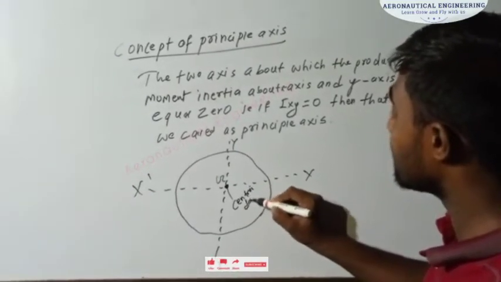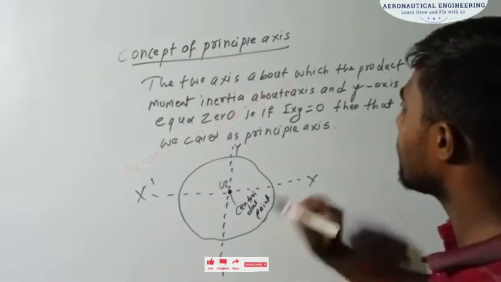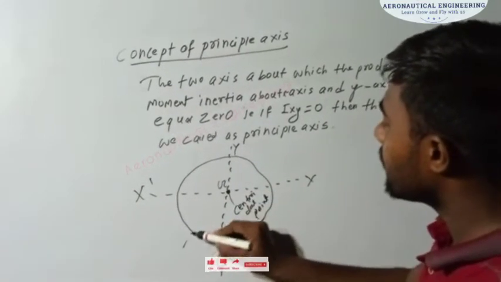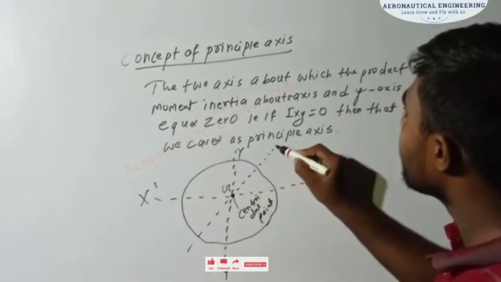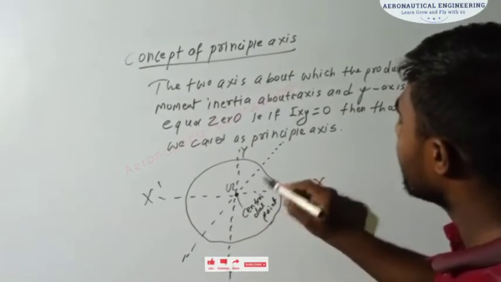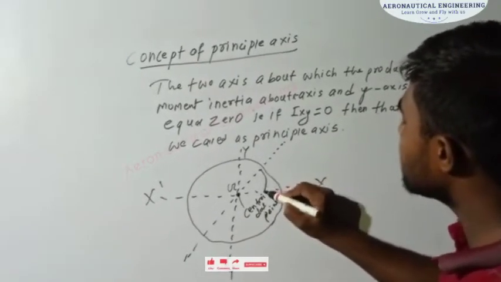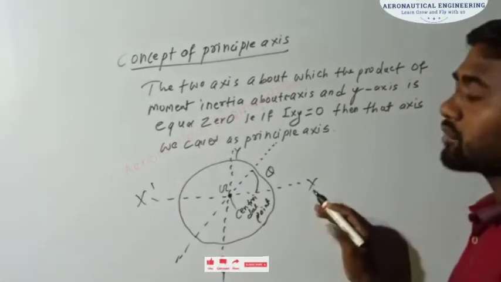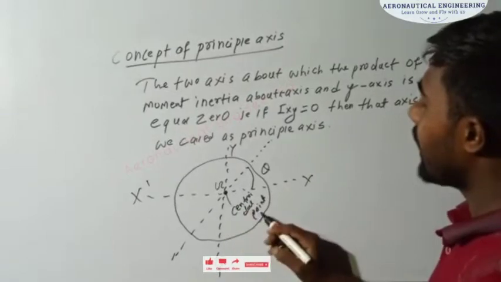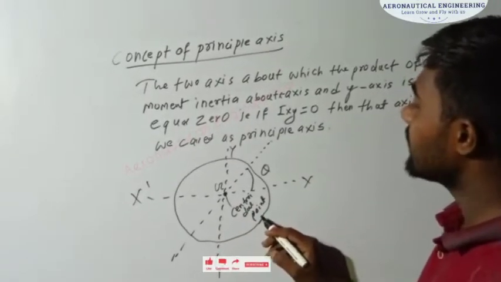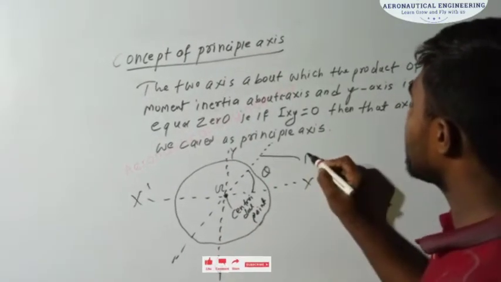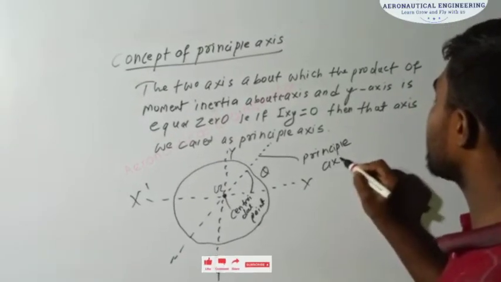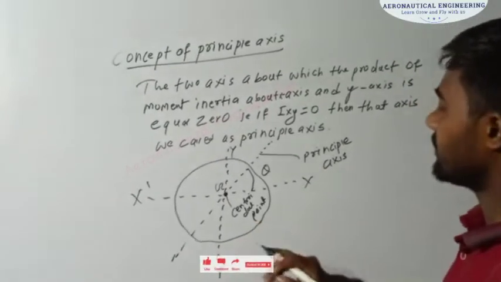Now if we draw like this, and this axis is inclined at angle theta with respect to x and y, that is, with respect to the centroidal axis, then this axis is called the principal axis for that section.